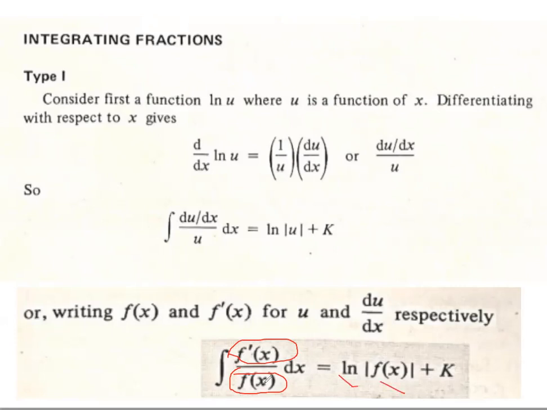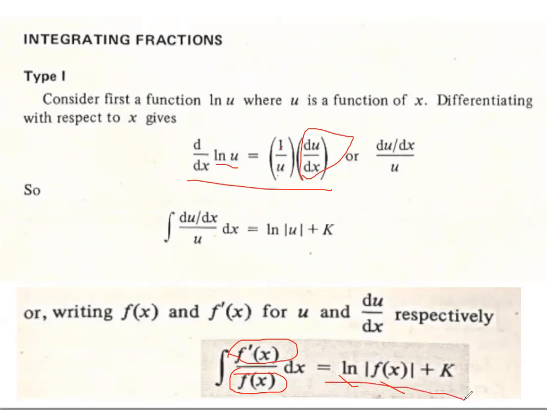And you know where you got that, because when you differentiated ln of u, what did you get? You get 1 over u times the derivative of u. Is that what you did, right? So that is where that came from. Integral of a function where the numerator is the derivative of the denominator, right away, that's your answer.